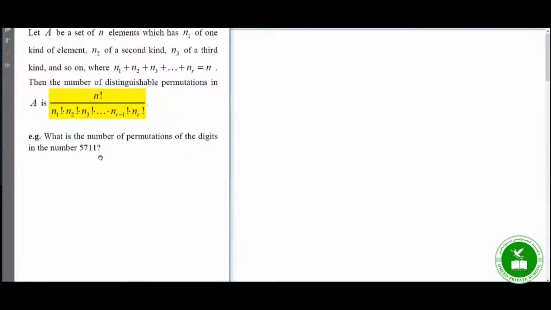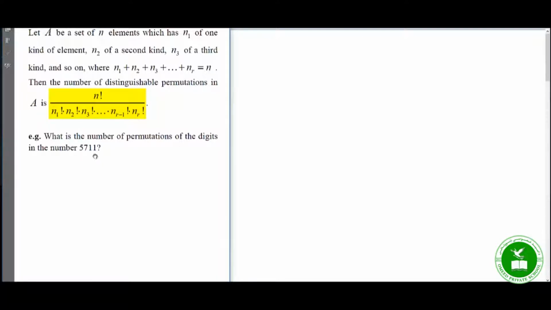Let me show it in an example, and you will understand it better. How many different permutations are there from the digits 5, 7, 1, 1? As you see here, we have two elements the same. We have only one 5, only one 7, but we have two ones.